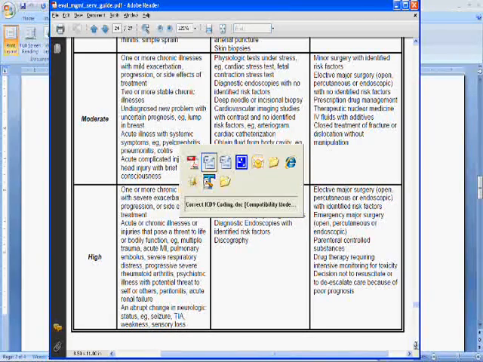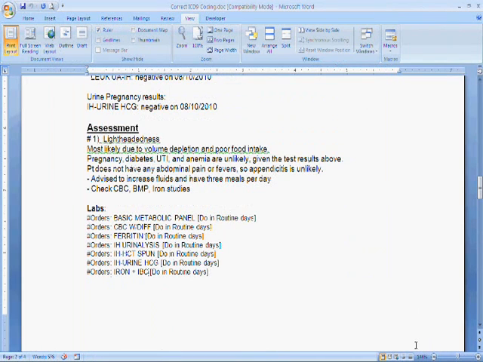Okay, with our problem here, we've got lightheadedness. Now, the physician, just by looking in the assessment, says most likely due to volume depletion and poor food intake. We know that for ICD-9 coding, we can't go off of most likely, but in trying to determine what the risk is of this patient, most likely is okay to look at and consider.